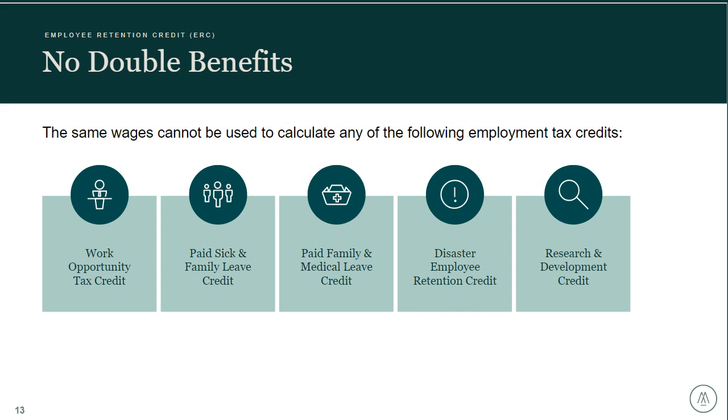And then there's also the disaster employee retention credit and research and development credits that again are based on wages, so you can't claim those credits and the employee retention credit on the same dollar of wages. You have to kind of go through the exercise of distinguishing between sets of wages.